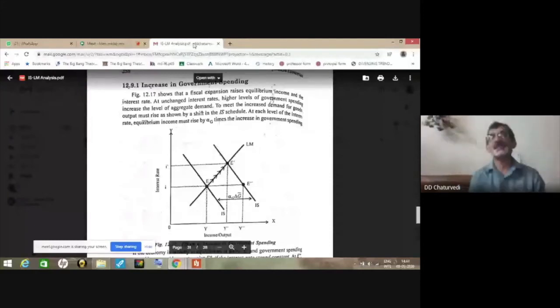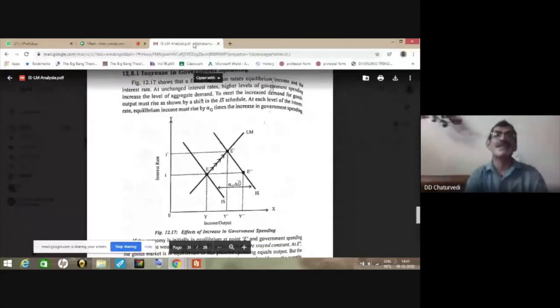In the previous chapter, the change in y is equal to alpha G multiplied by delta G bar. But in this chapter, the change in y is somewhat lesser in comparison to alpha G into delta G bar.